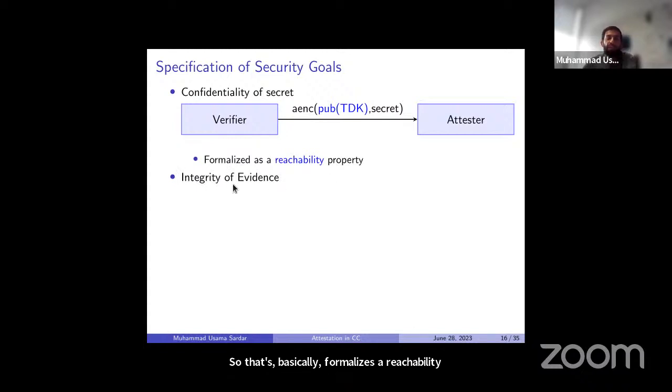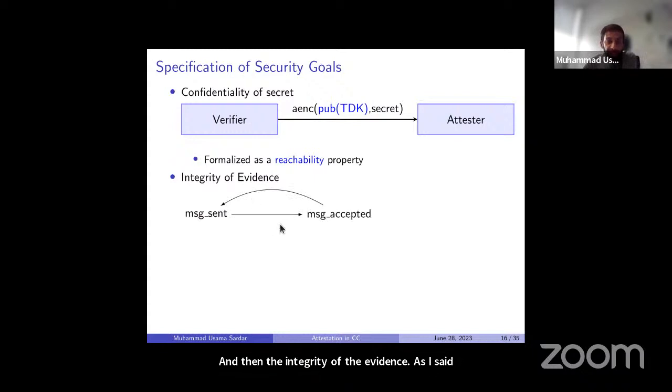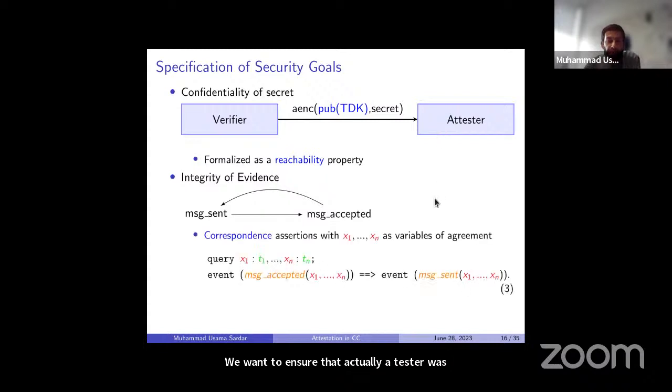And then the integrity of the evidence, as I said, is very important. On the verifier side, whenever a message is accepted, the evidence, for instance, generated by this attester, we want to ensure that the attester was actually the entity that generated this.